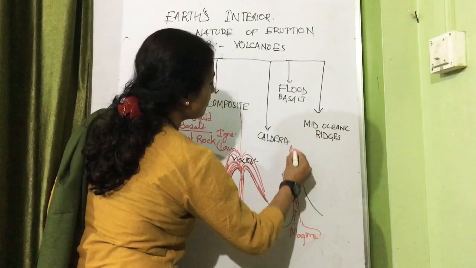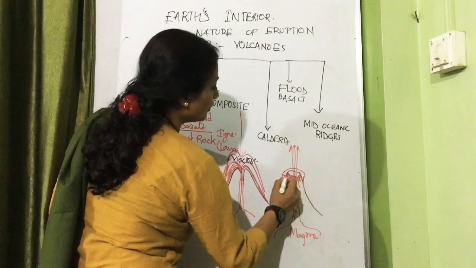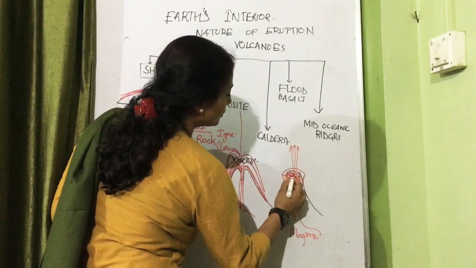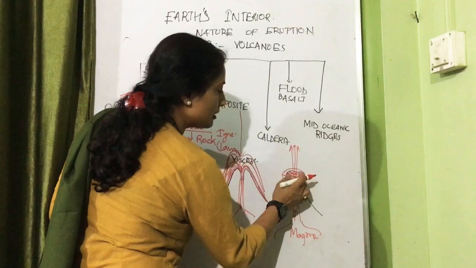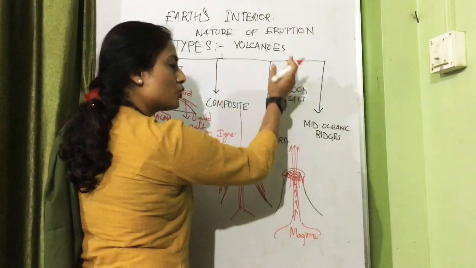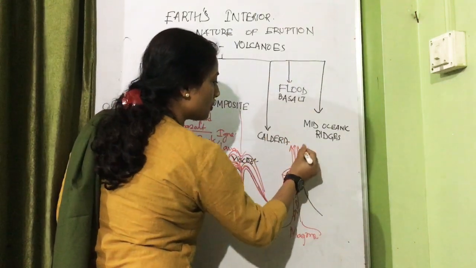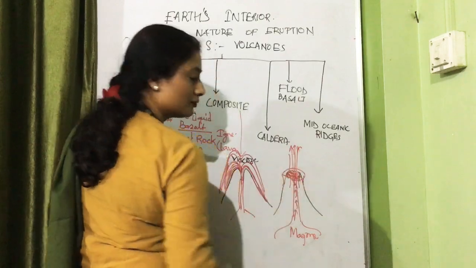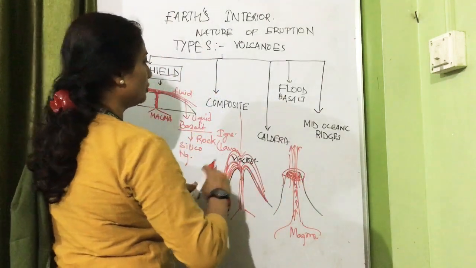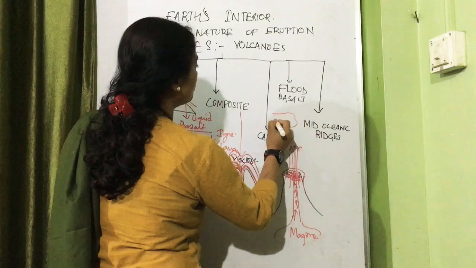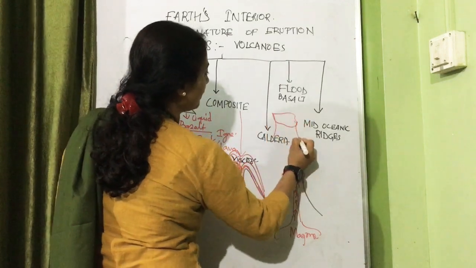All the matter goes up in the air. The opening which was there has been broken and widened. It goes up and again collapses down, and it creates a huge depression at the mouth in this way.